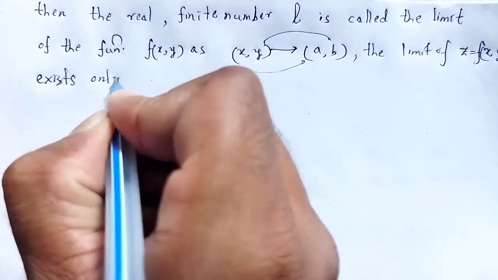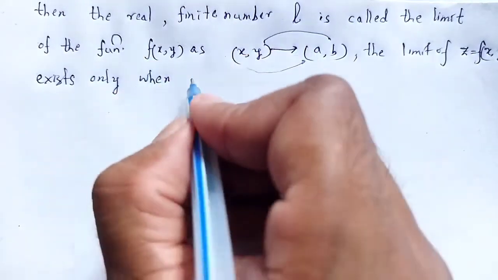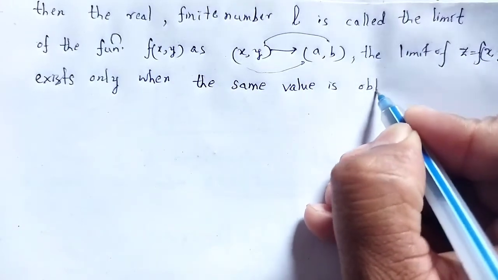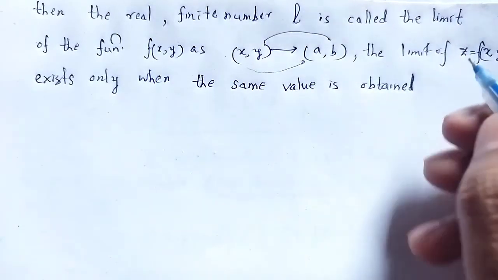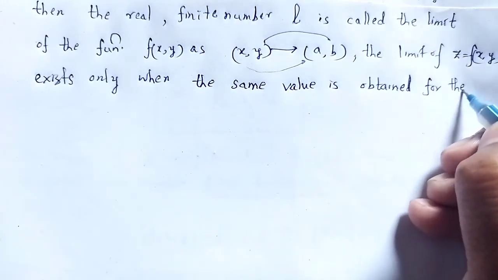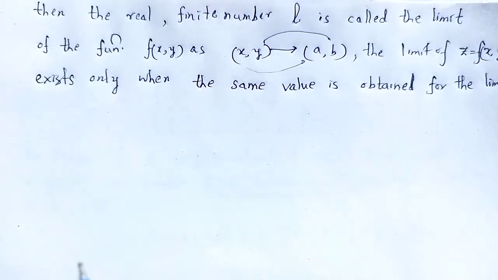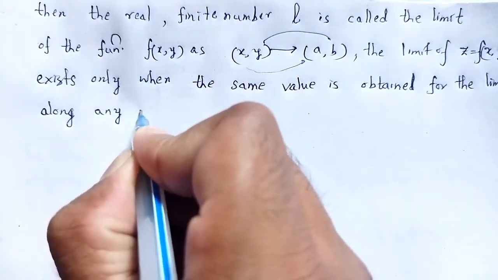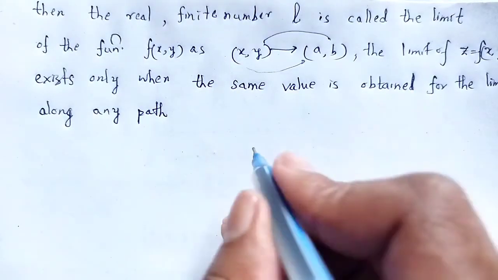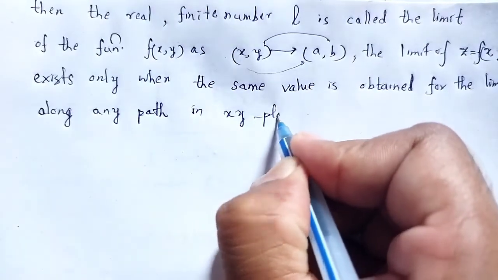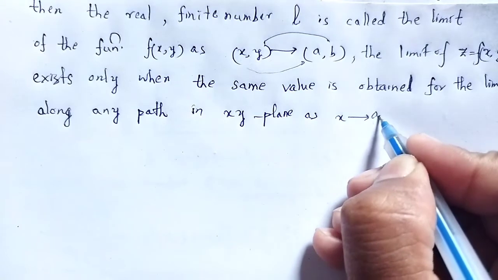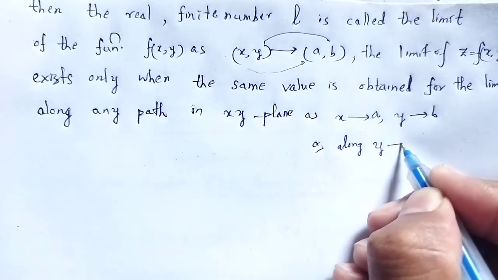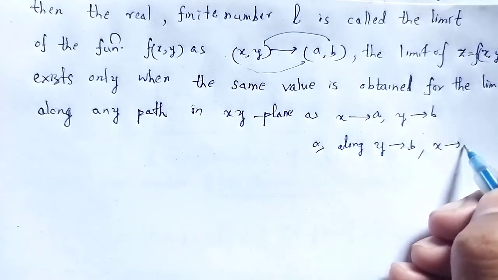only when the same value is obtained for the limit along any path in the xy plane as x tends to a and y tends to b, or along y tends to b, x tends to a, that is in the alternate way.